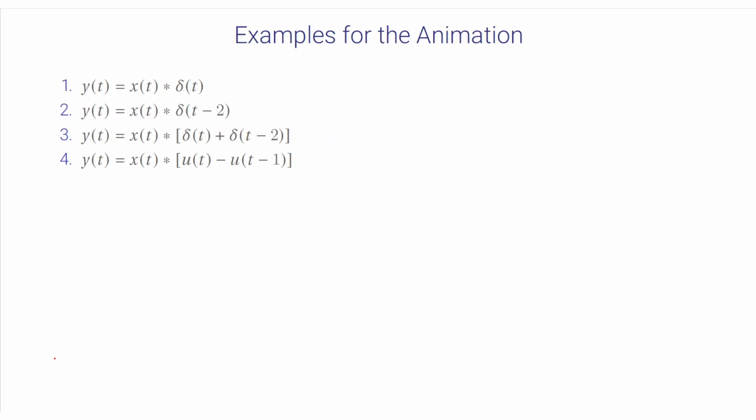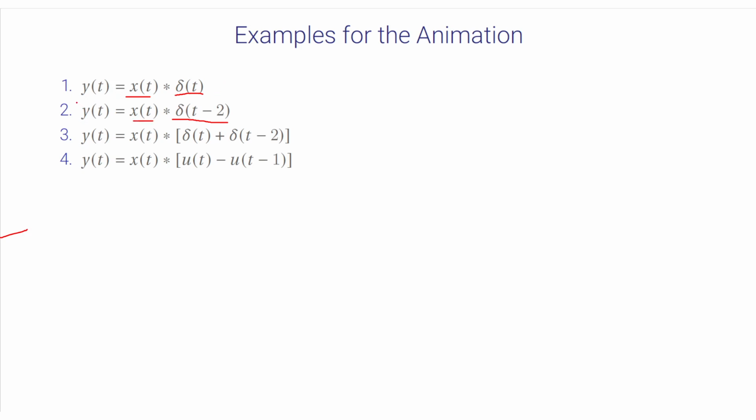Okay, so what we want to do in this animation is to first of all take the signal x(t) and convolve it with one impulse located at 0. Secondly, we will locate the impulse at t equals 2 and then convolve and see how the output is.